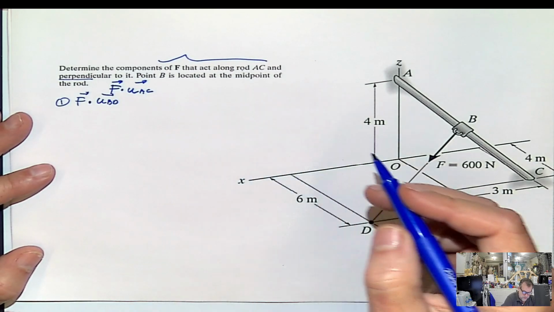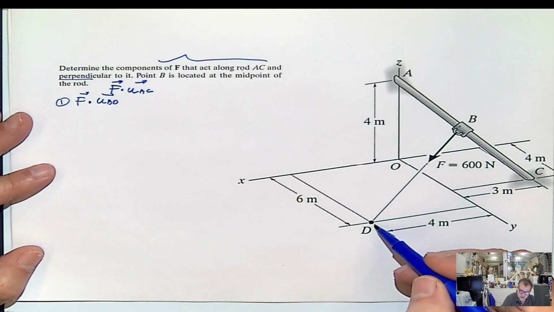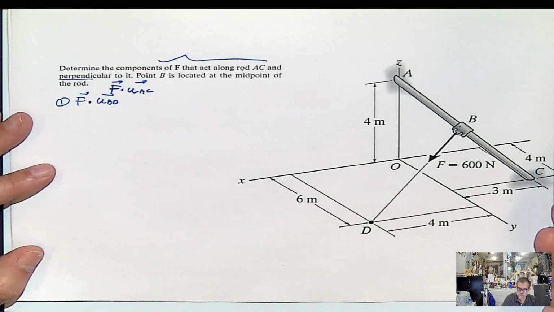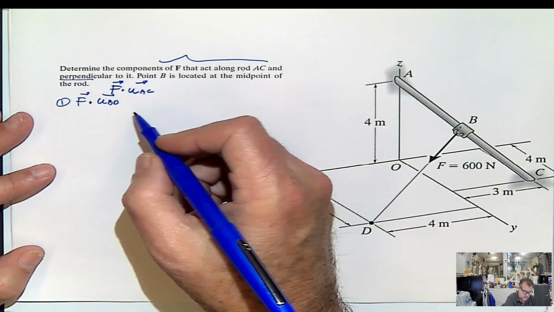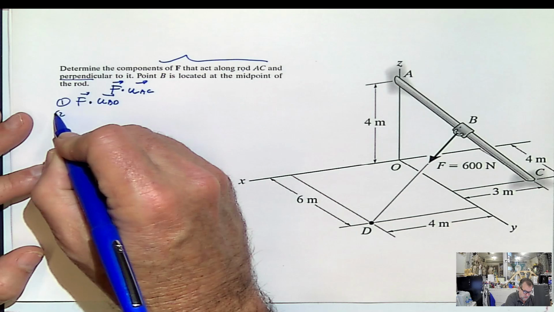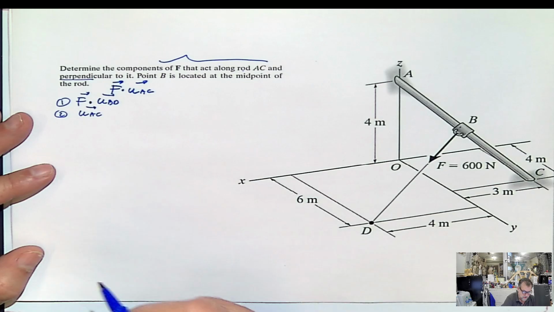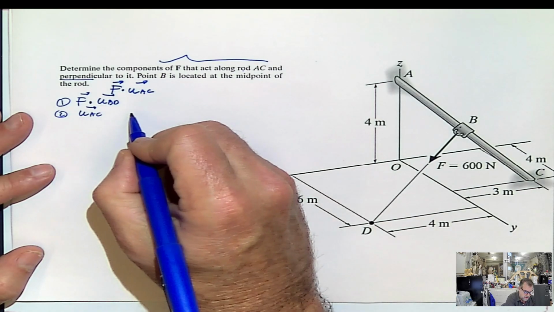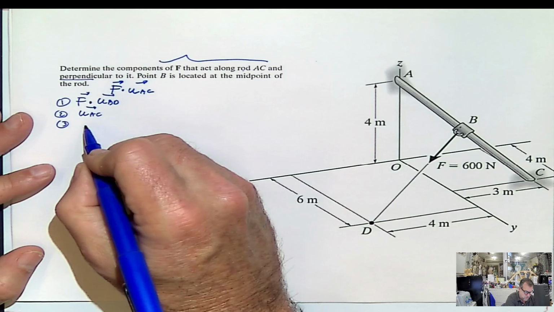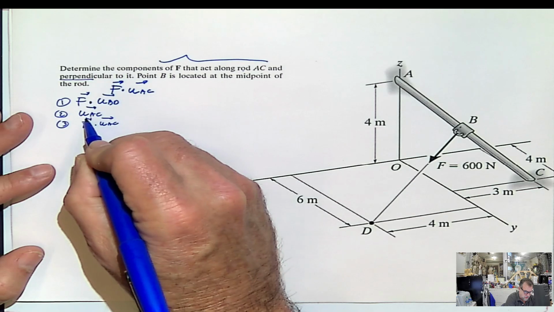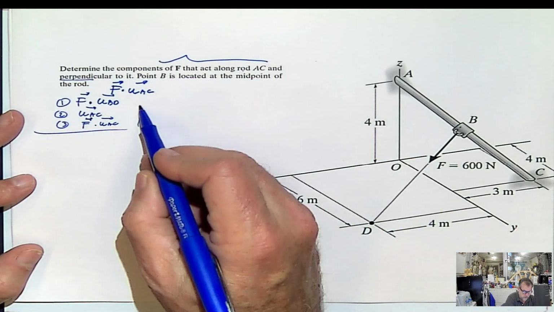And the unit vector BD is just the position vector BD divided by the magnitude of the position vector BD. So the first step will be done. The second step will be find the unit vector in the direction of the rod, and the third step is just dot multiply them. And of course the result is going to be a scalar because it's dot product.